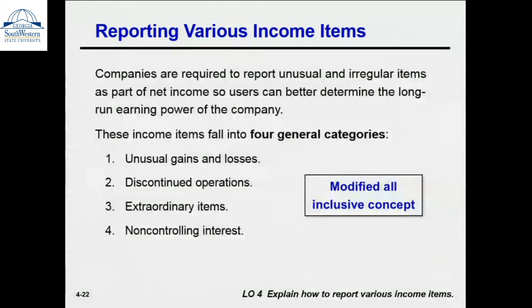Before we go through the PowerPoints, we're just going to look at this income statement to see what we're talking about here. Let's look at number 2 and number 3, discontinued operations and extraordinary items. Do you see those on the income statement?